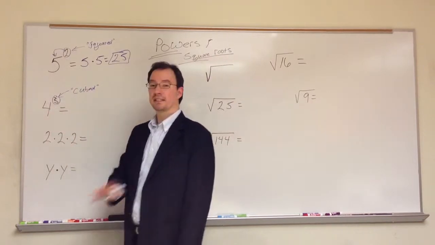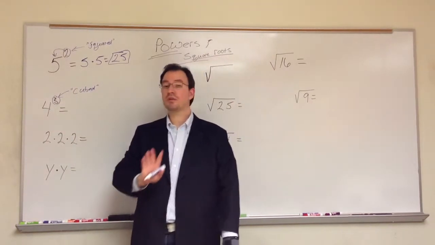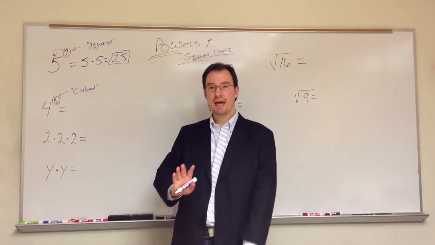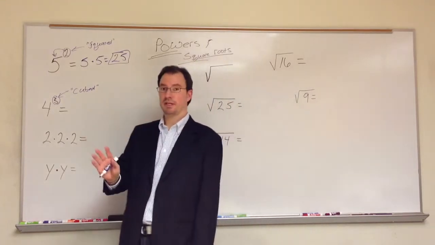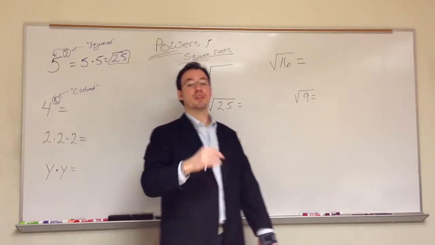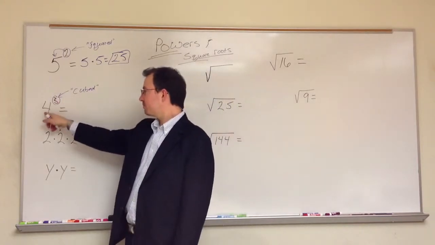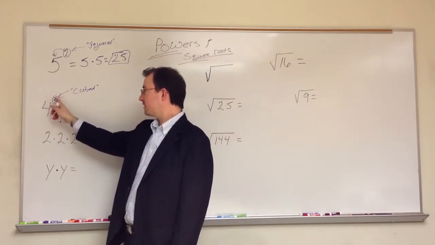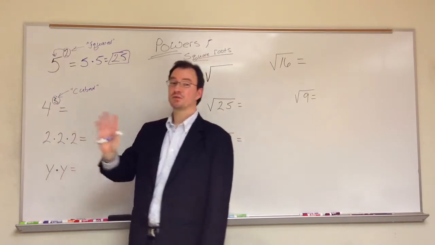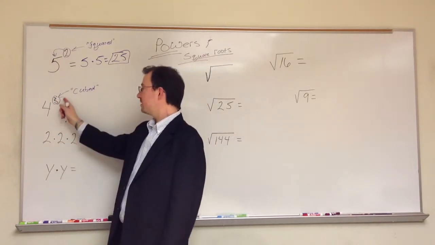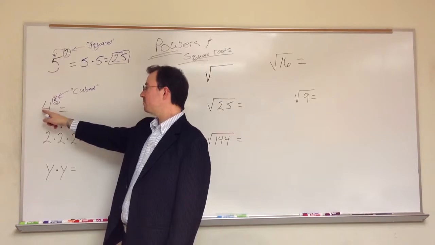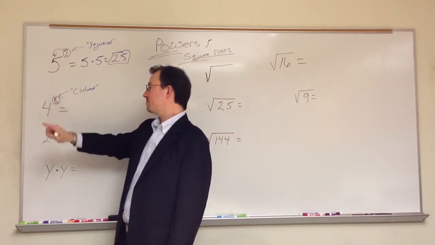3 to the 4th is, again, not 12. And people will do this all the time until it gets to be kind of automatic, so don't feel bad if you blow it. People blow it all the time. The trick is just continuing on, though you blow it, until it becomes automatic. No big deal there. 4 to the 3rd would be 4 times 3, which would be 12. That's wrong. The 3 is telling the 4, take your own self times your own self 3 times.